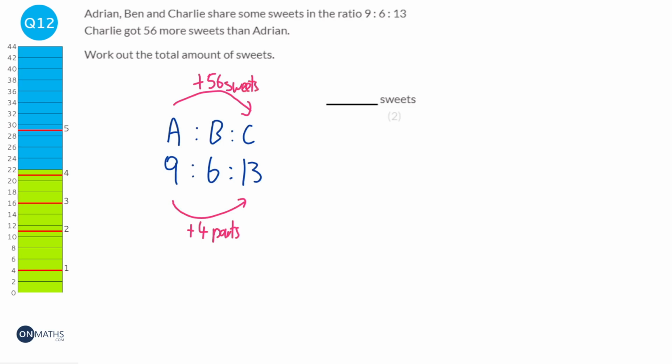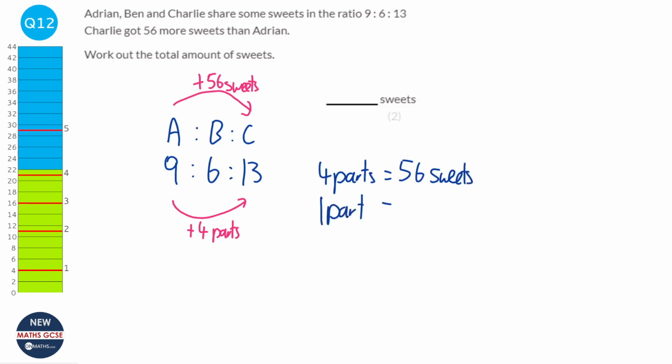So the 4 extra parts are worth 56 sweets. So 4 parts are worth 56 sweets. So 1 part would be 56 divided by 4, which is 14 sweets. So all we need to do now is work out how many parts there are.